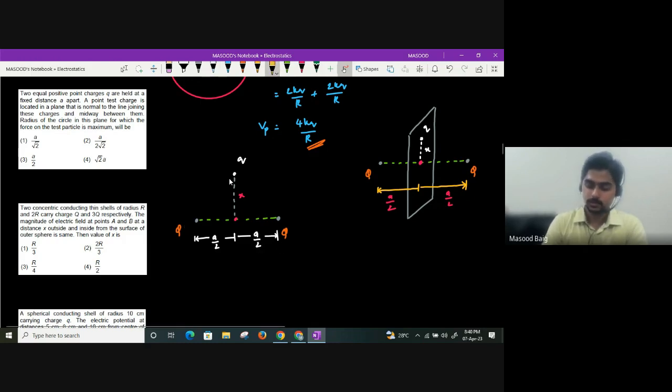First of all, capital Q and capital Q, are they both going to exert some force of attraction or not? Yes, and that force will be the same. Why? Because this is x, this is a by 2, so it will be under root of a by 2 whole square plus x square. This will also be under root of a by 2 whole square plus x square. So I'll write it as small r, beta. Both of them will apply the same force again.